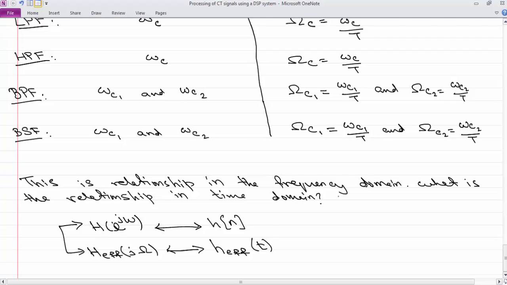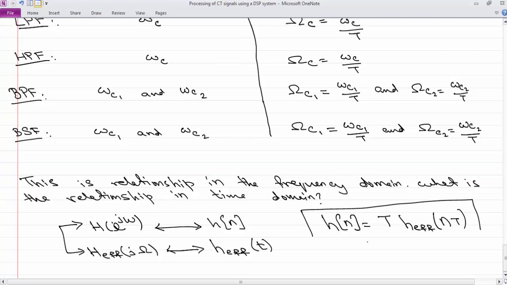We won't go into the proof of that, but the relationship is actually that the discrete time impulse response is simply equal to samples of your continuous time impulse response. So you take your continuous time impulse response and you take samples of that every T seconds, and you also multiply it with capital T. So this is what you get.